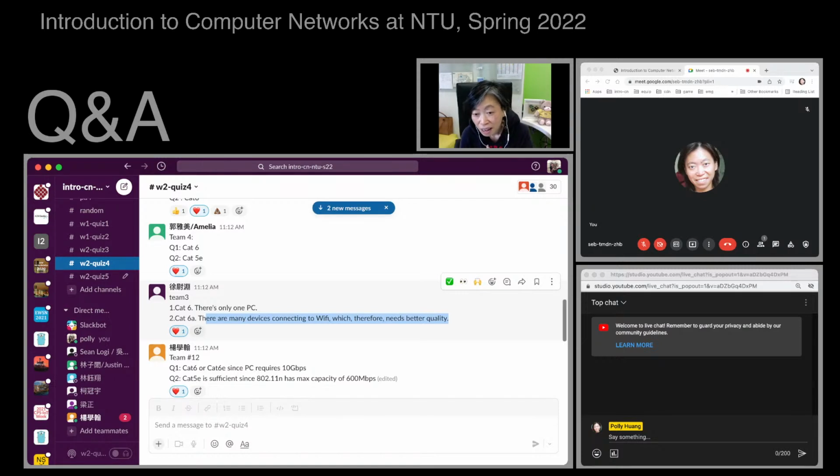Okay, so, Wei Yuan, Team 3. I actually prefer using 6A, but that's because I have less concern about budget. But if you are choosing 6A because you expect more than 10 gigabits per second of data coming in, then this is a reason that doesn't quite address the choice.